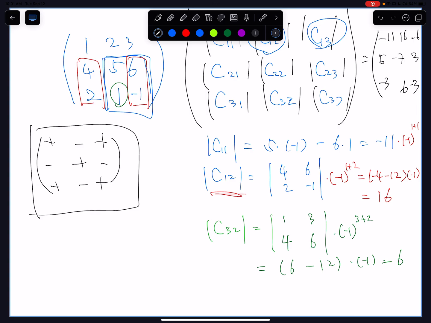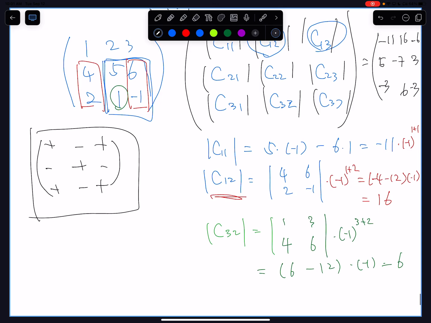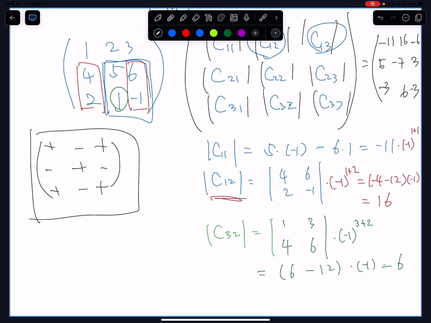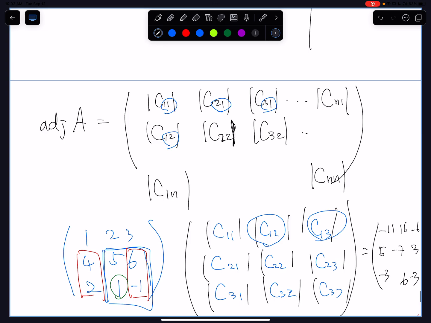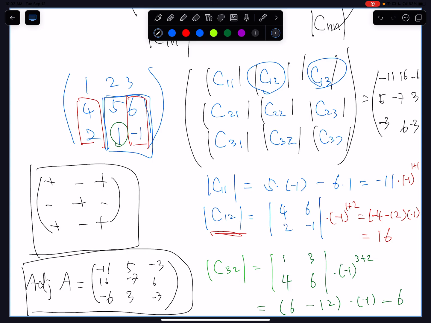If not, you should make a harder effort. But this is not the adjugate matrix. The adjugate matrix is the transpose of this one, because the indices were different. So the adjugate matrix of A is minus 11, 16, minus 6, 5, minus 7, 3, minus 3, 6, and minus 3.